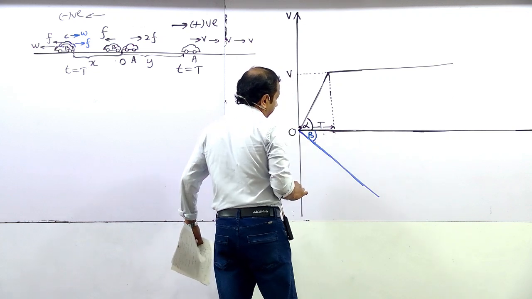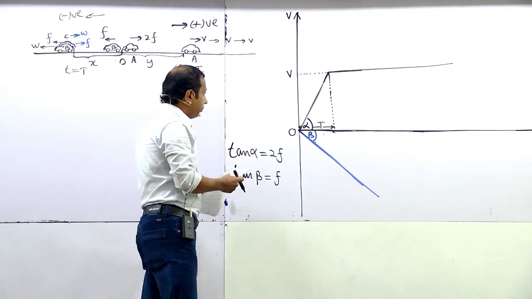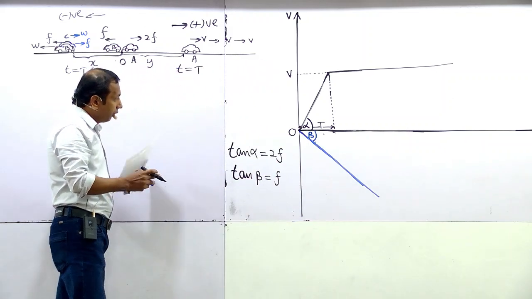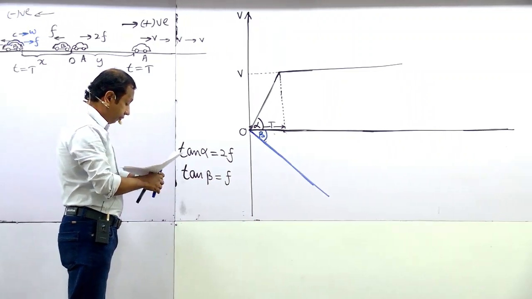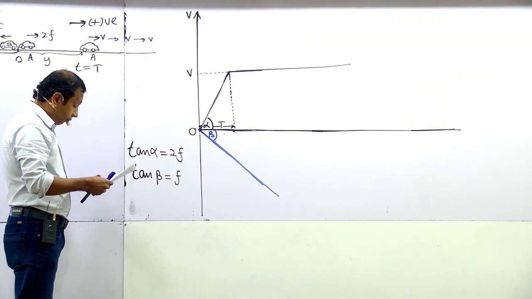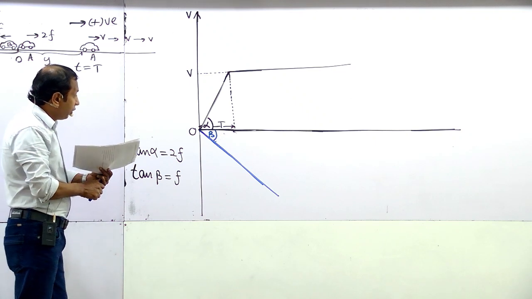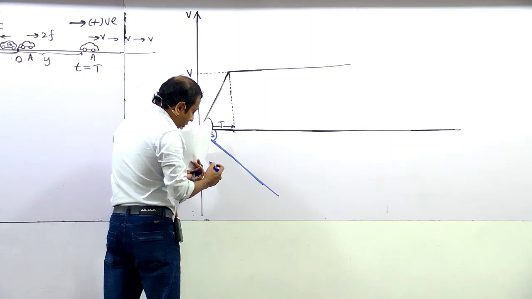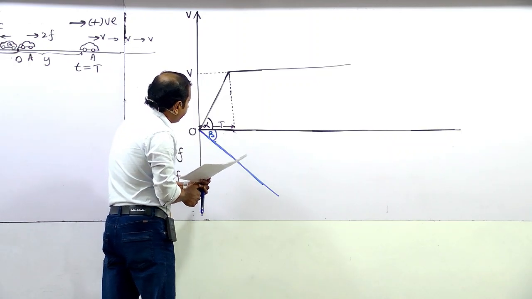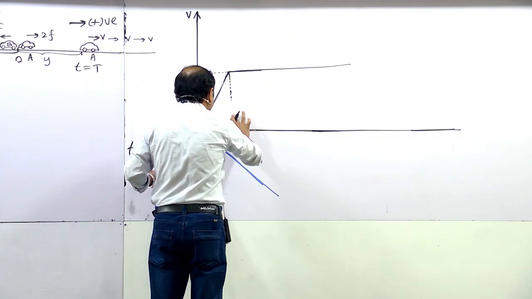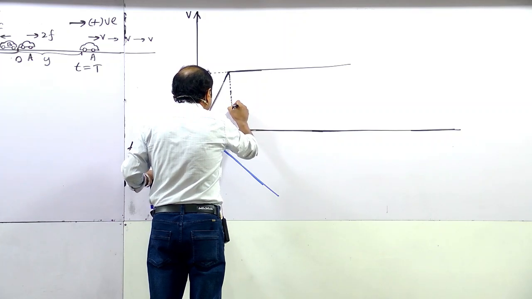Okay. Now, we can calculate the velocity of B at time t.